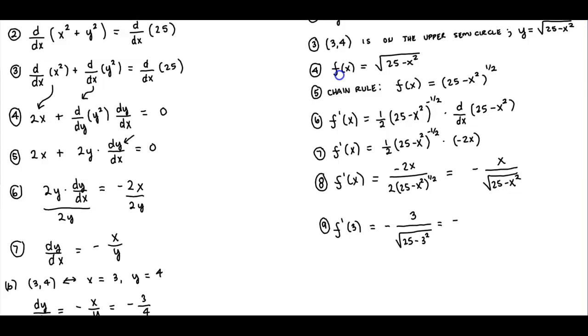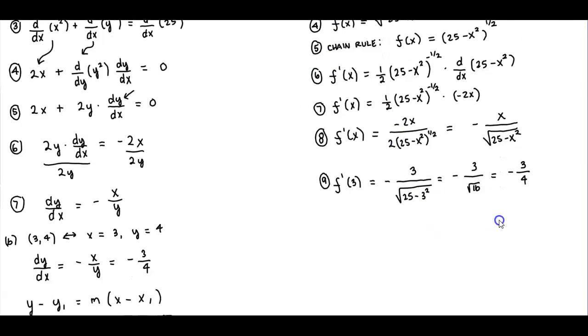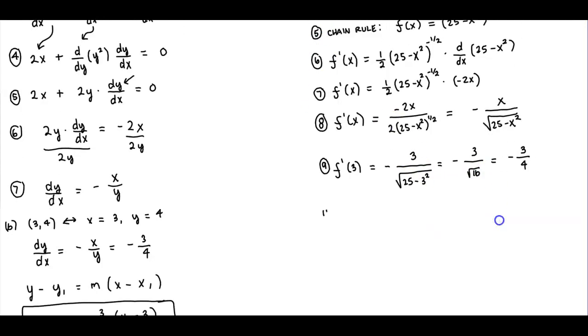That gives us negative 3 over the square root of 16, so we get negative 3/4. The slope is m, which is equal to negative 3/4.